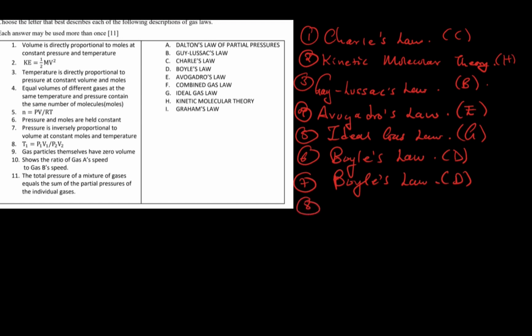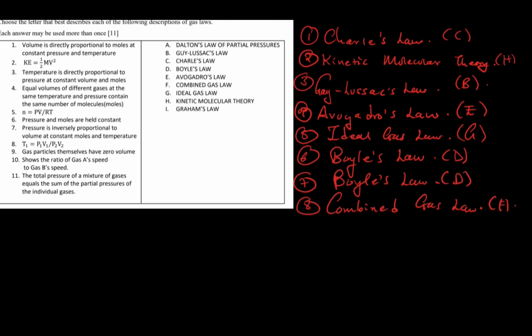So 8 says T1 is equal to PV of 1 over PV of 2. So 8 represents what is known as the combined gas law. So the combined gas law, let me just explain a bit about it, which is F in this case.